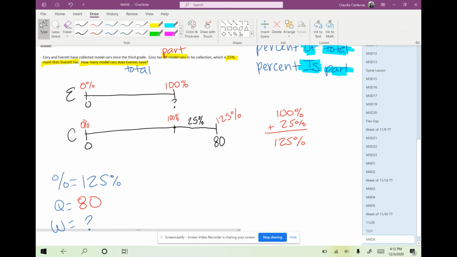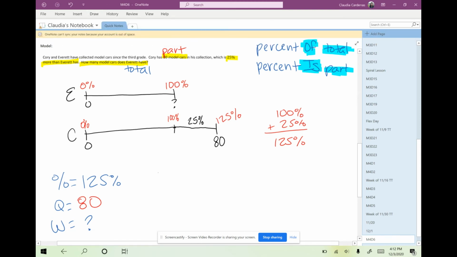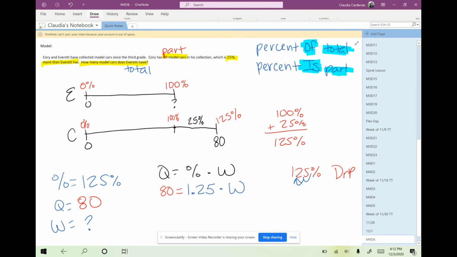So let's go ahead and write that out. Quantity equals percent times whole. And we have the quantity is 80, the percent is 125%, but using Dr. P, we have to convert the percent to a decimal, which means that we are using 1.25 times whatever the whole amount is.